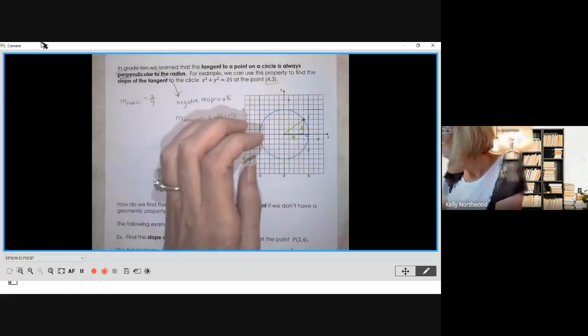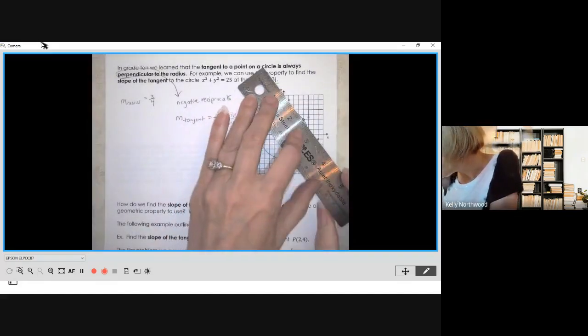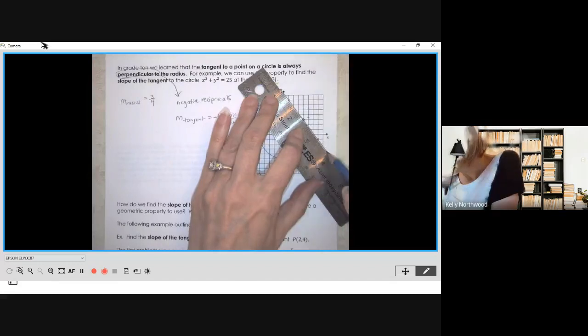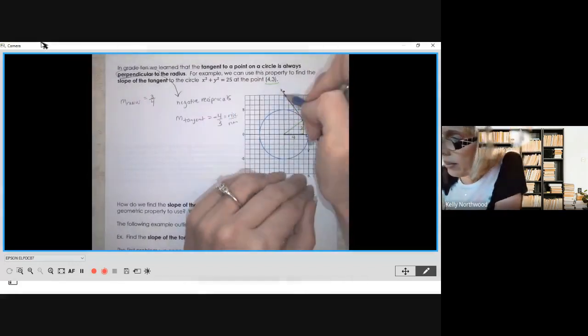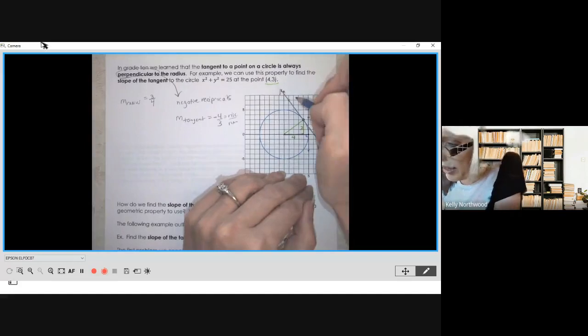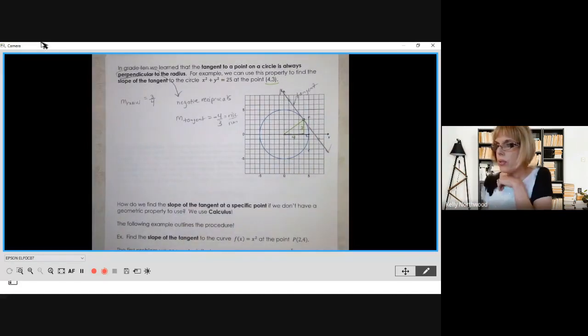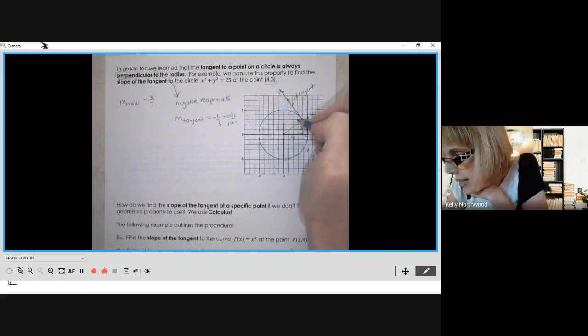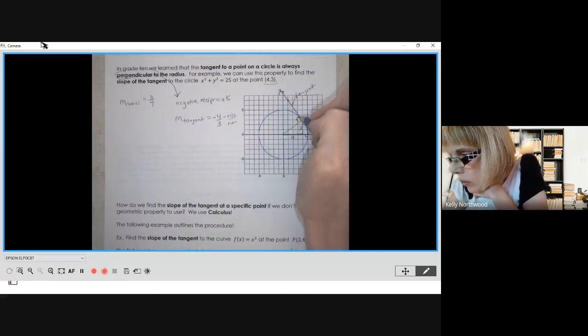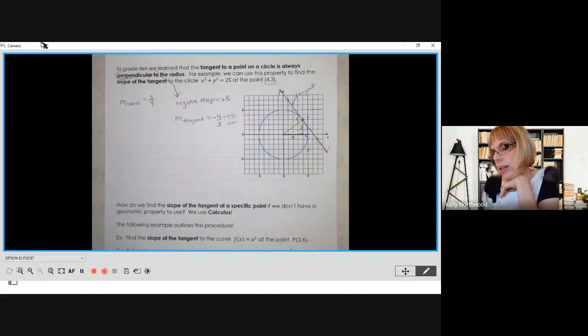And then I should have my points and I can draw in my tangent. So again, I've drawn in a tangent line here using a geometric property that I happen to know about circles. And it does look perpendicular, which was also a property that we're looking at.